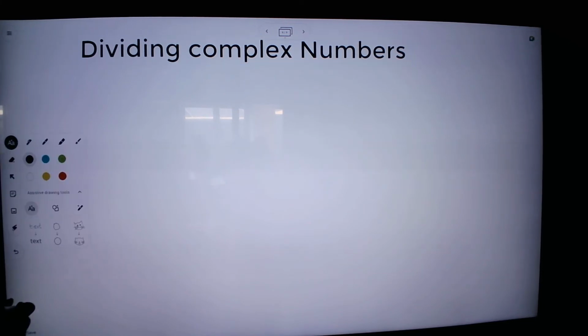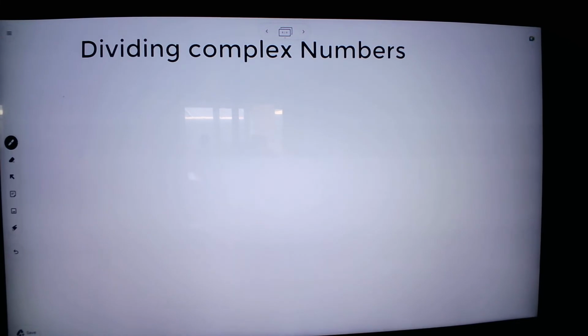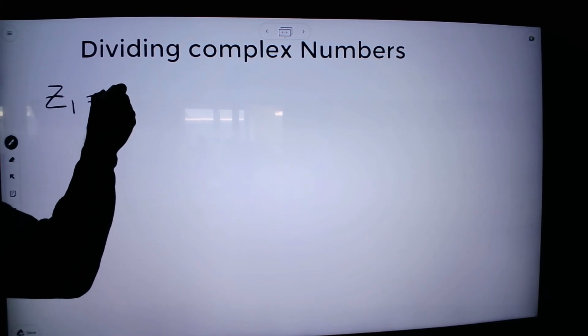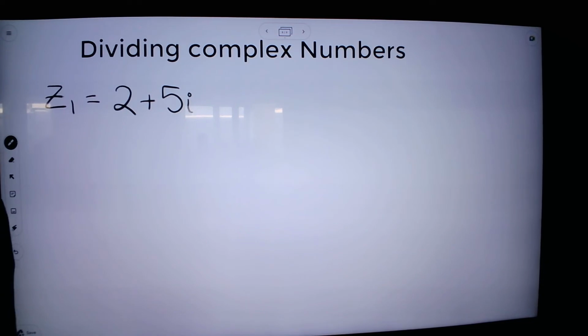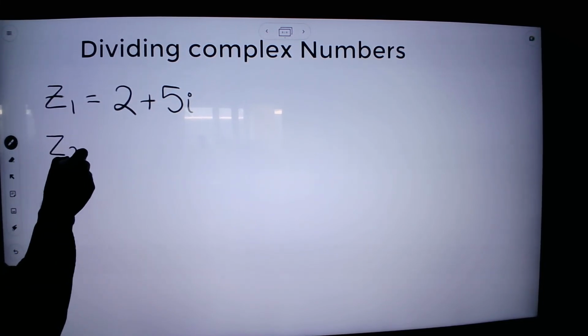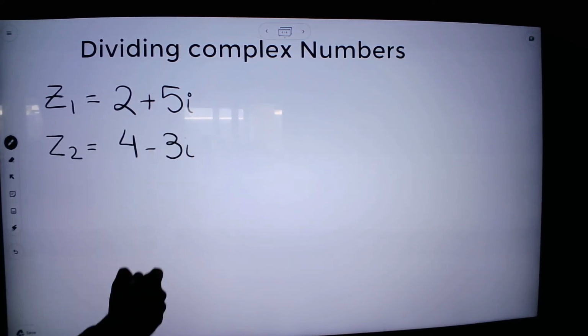Let's say I have a complex number z1, which in this case is 2 plus 5i, and I have another complex number z2, which is 4 minus 3i.